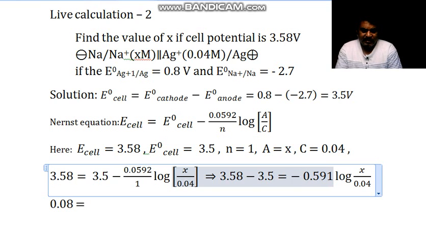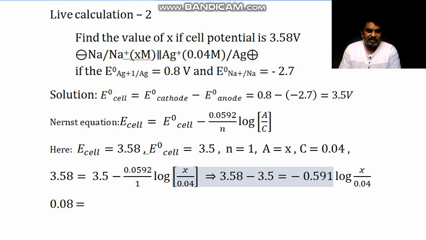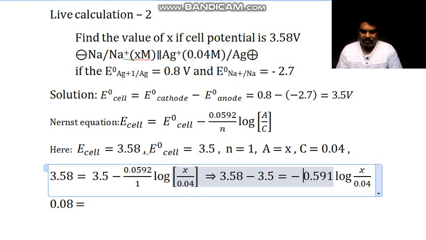So this 0.08 is the calculation of these two. How much did this calculation come to? 3.58 minus 3.5, that is 0.08. Now this will go down, so here only I will take the division value. Okay, so I am writing here, directly I bring this down.